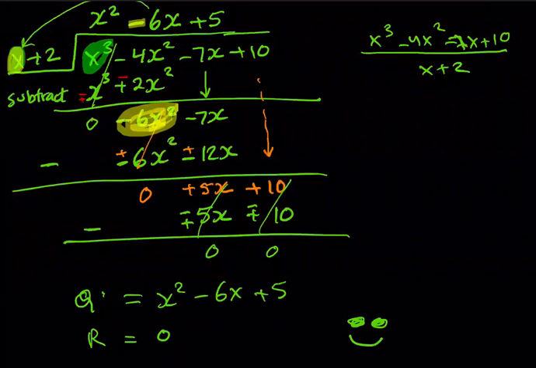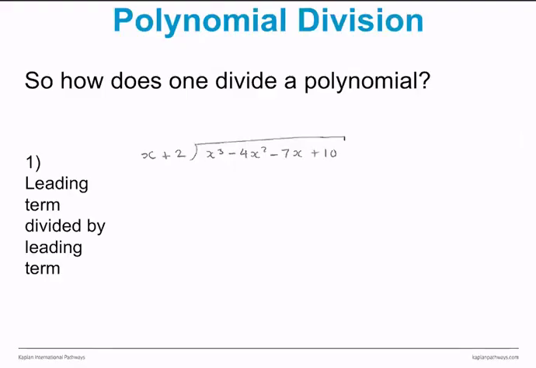Okay, so that was the question, and they did it here step by step as well. So if you want to follow this, it's telling you the leading term, which is x cubed, divided by the leading term here, which is x, and you get x squared.